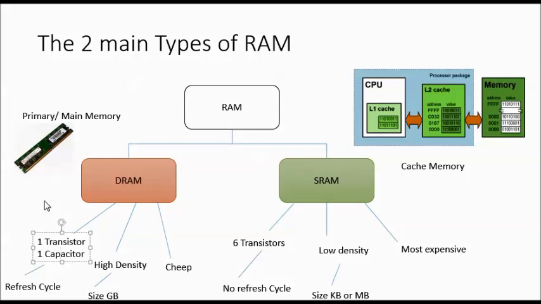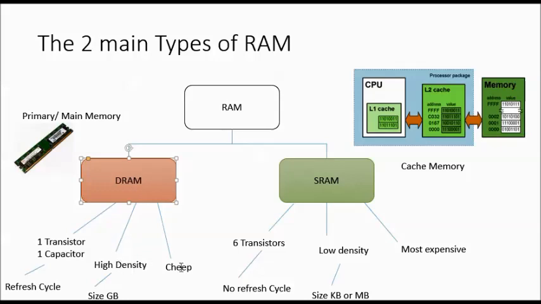Over time, the charge leaks away from the capacitor, and so for the memory cell to retain its content, it has to be continually refreshed. During a refresh cycle, this RAM cannot be accessed by the CPU. This slows things down a lot, and this is known as a bottleneck. So that is the disadvantage of using DRAM for main memory storage.